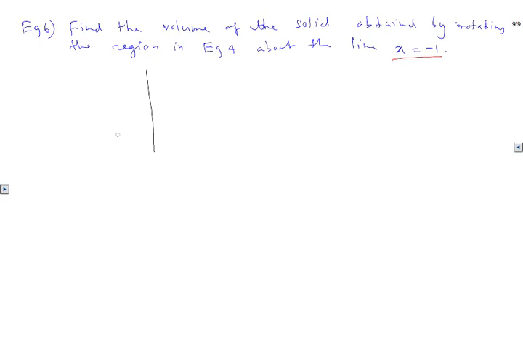So we have the two curves. This is one curve, that's the other curve. This is y equal x, this is y equal x squared, and we have 0 and 1.